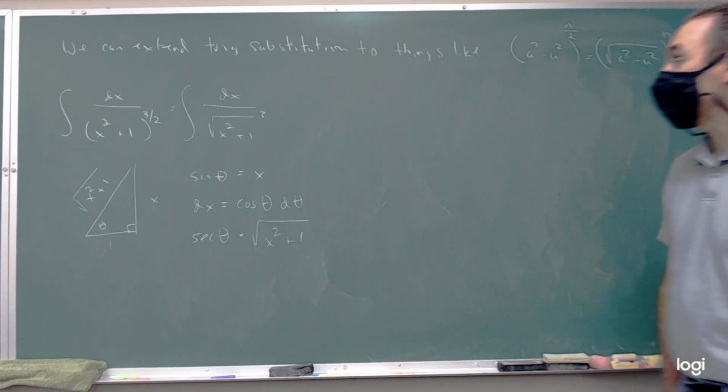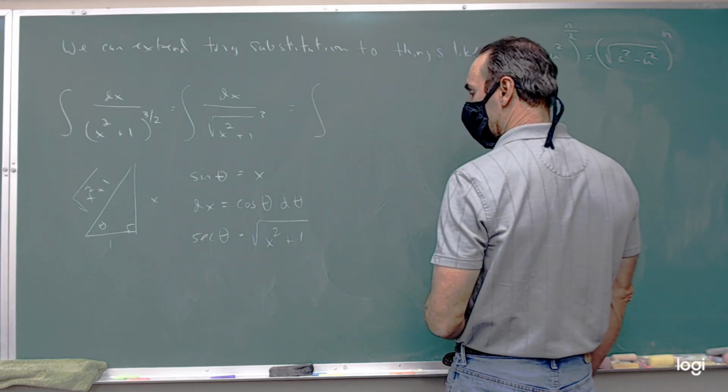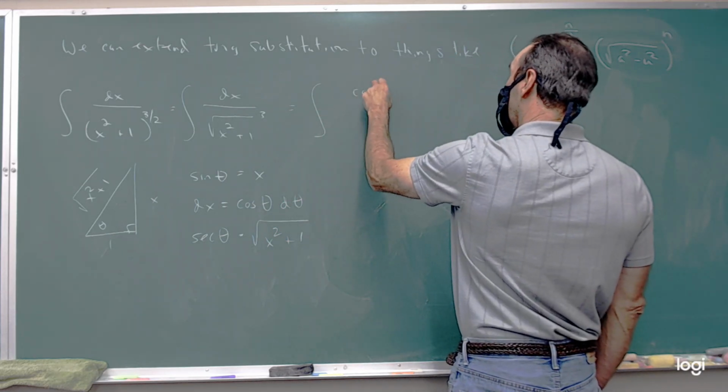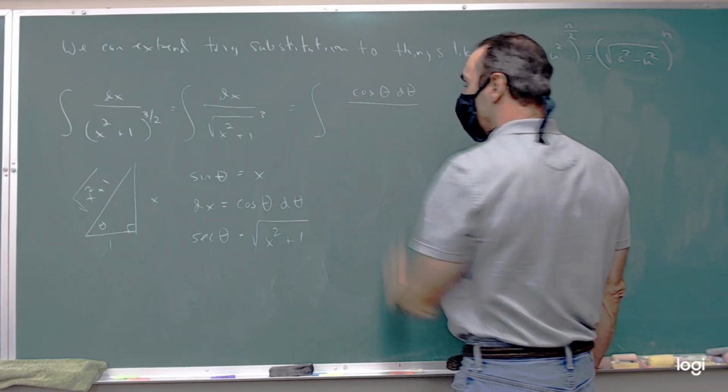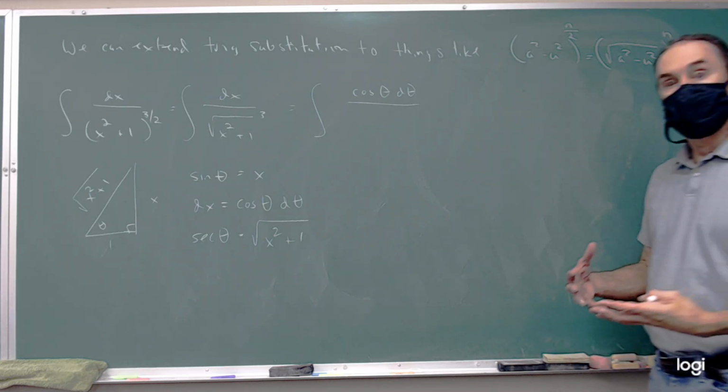I think we're ready to call this, the dx is going to be our cosine theta d theta. And we're going to get our radical, which is secant theta. Which just makes it cosine squared.